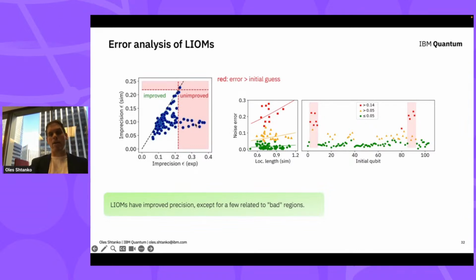What's special about them is that if you plot the error as a function of the position of their centers, you see that all these bad apples sit in a few groups here and here. What it means is that you have two regions in your device which, for some reason, maybe miscalibration, maybe something else, work poorly.